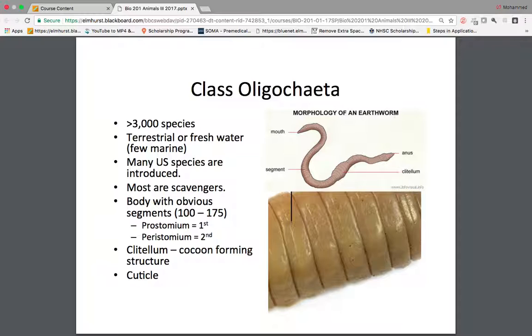What's kind of cool about earthworms is that much of the earthworms you're exposed to are actually not native to the United States. Every time there's a glaciation, the glaciers push down across the land, and no earthworms are going to live there. Where we are right now, we were under glaciers 10,000 years ago, so there were no earthworms here.